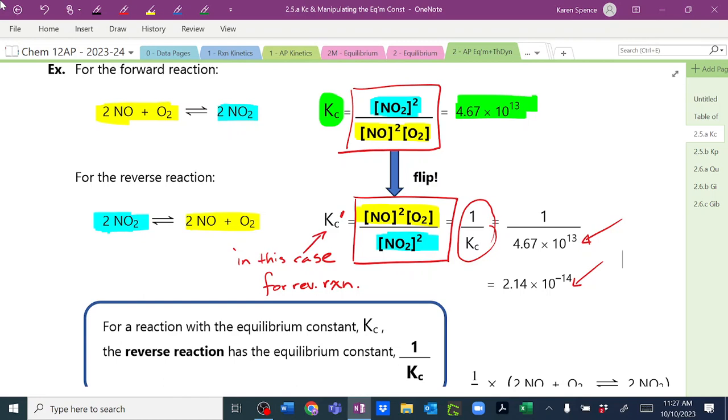You're going to do 1 over whatever the Kc value was. Yes? You know what? It works for all reactions. Don't ask me why. If it's not complicated things, I just say it works because. So this works for all reactions, at least all reactions we're dealing with in Chemistry 12 and AP Chemistry.